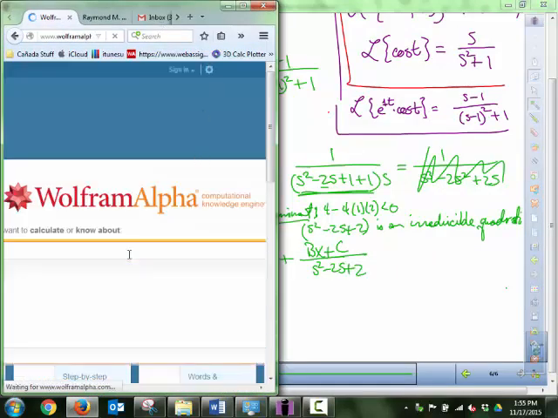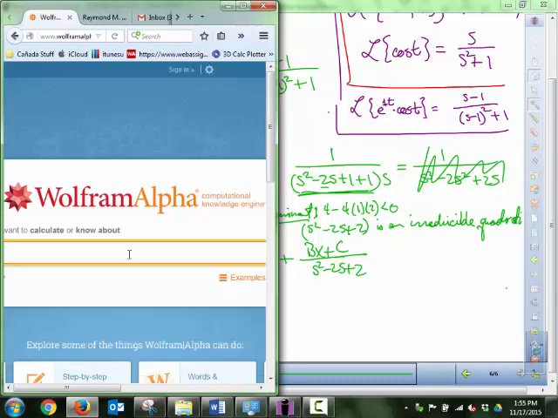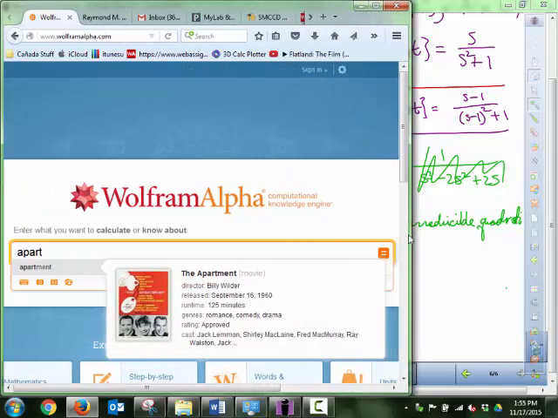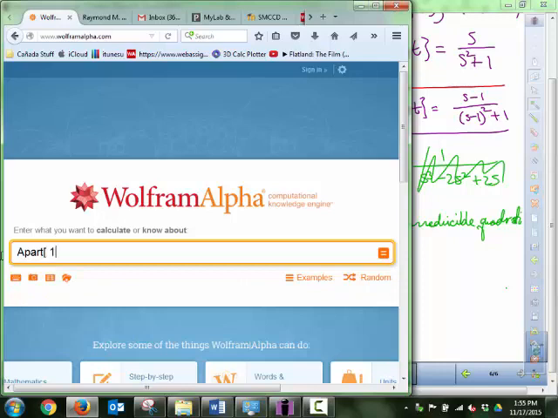I want to take apart 1 divided by, and make sure I have sufficient parentheses here, s squared minus 2s plus 2.